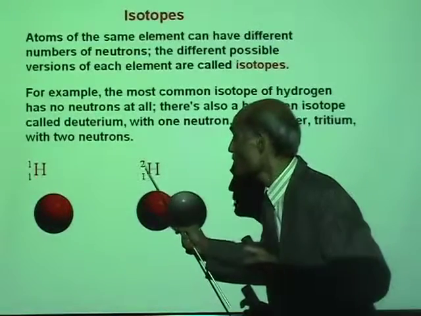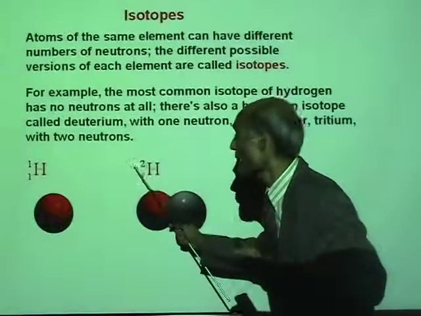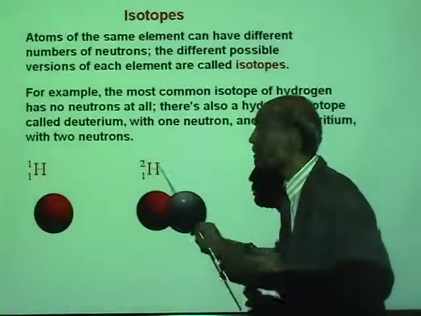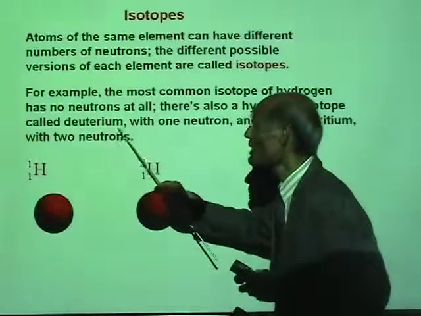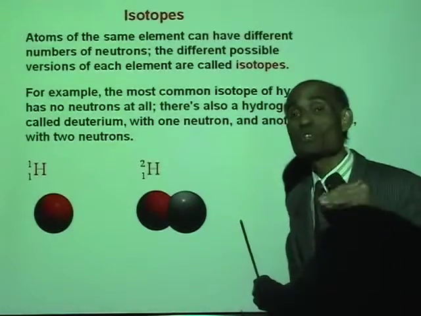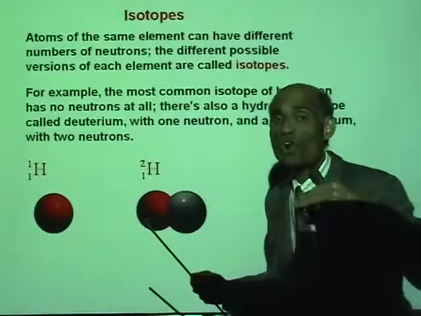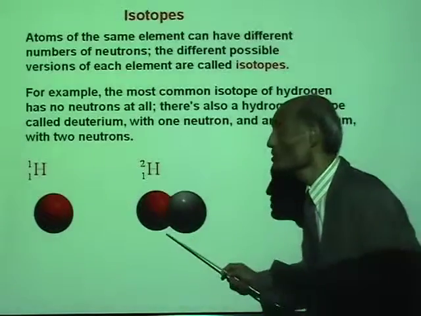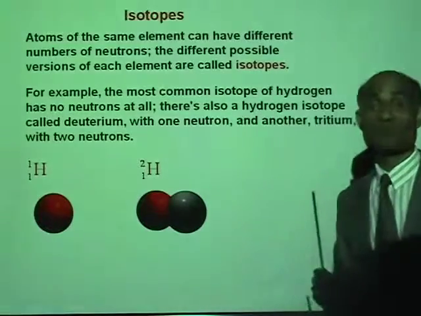Remember, this number is the number of protons plus the number of neutrons, 1 plus 1 equals 2. Now, this isotope of hydrogen is called, what is it called? Deuterium. In fact, when you produce water using this particular hydrogen, it's called heavy water, because we are using hydrogen that is heavier than normal hydrogen.